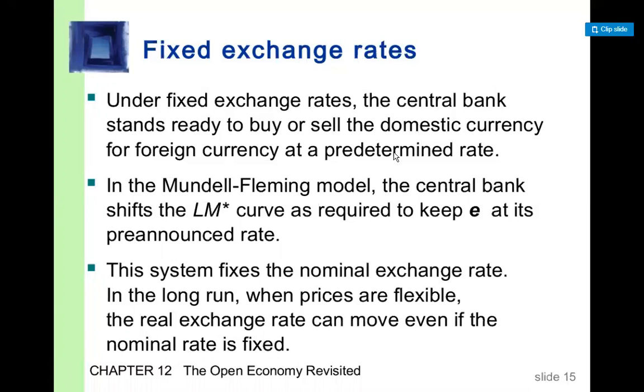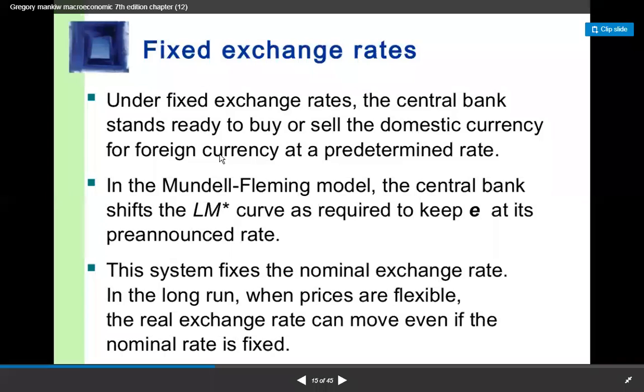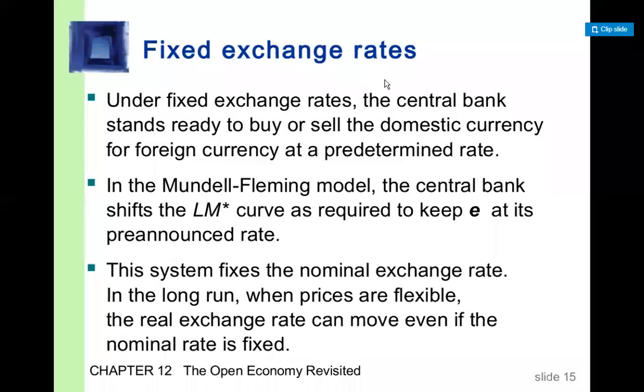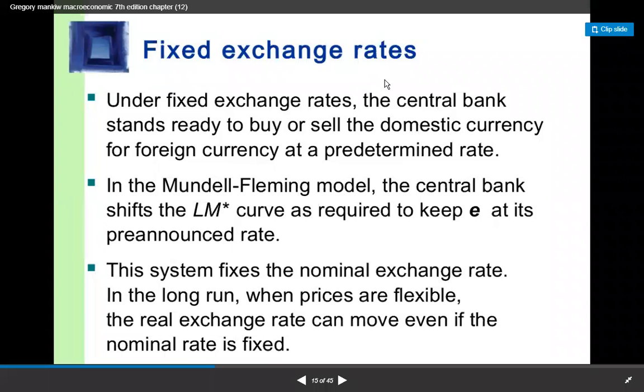It means that 150 rupees can buy 1 unit of dollar. That is fixed by the State Bank of Pakistan.